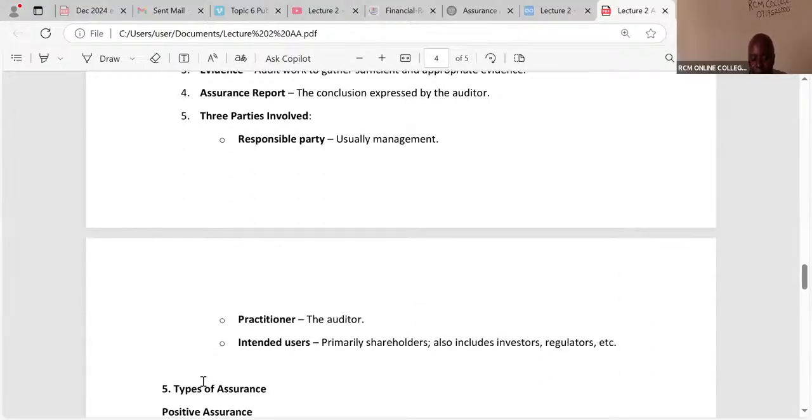That is the responsible party. And then we have the practitioner, the auditor, who is Aura and Co. And then we have the intended users, the ones who have engaged us now to go and do an audit of those financial statements. So these are the primary shareholders. Primarily, they are shareholders, also investors, regulators, etc.